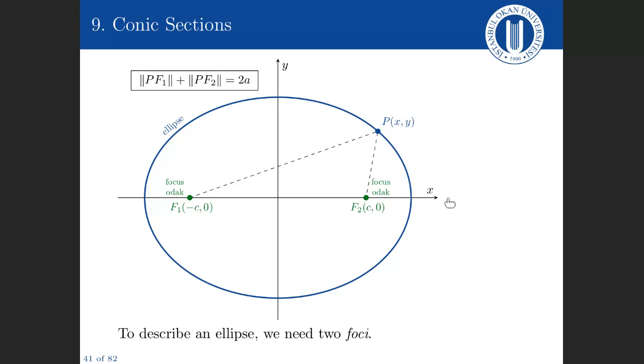To describe the ellipse, we need two focuses, or two foci. Focus is one of these unusual words where the plural is not as we expect. We can have one focus or two or more foci.